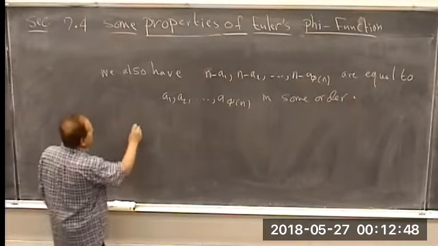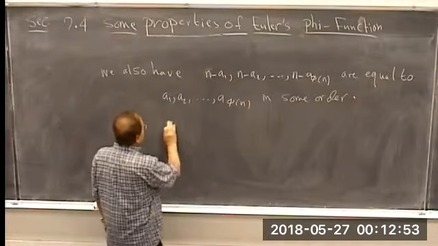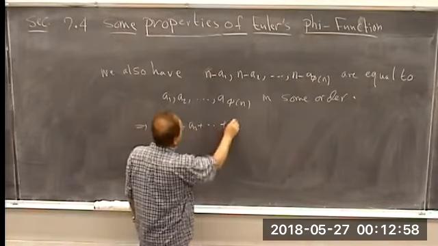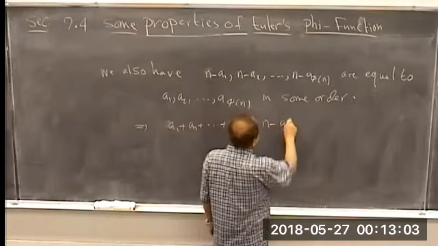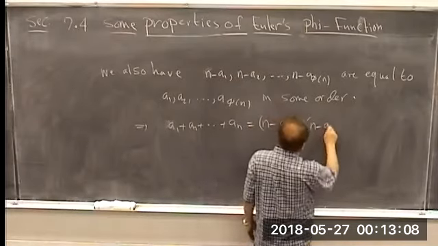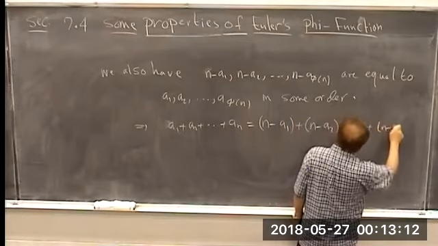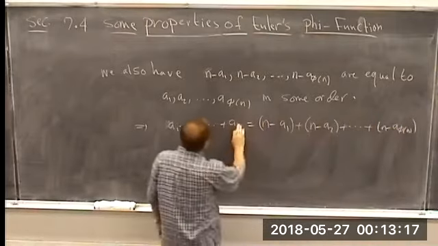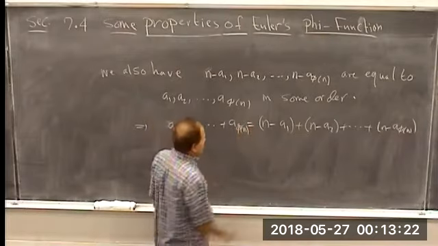Then from here, adding a1 plus a2 up to a phi of n is going to be the same as adding the reordering of those, n minus a sub i. The same idea applies here.